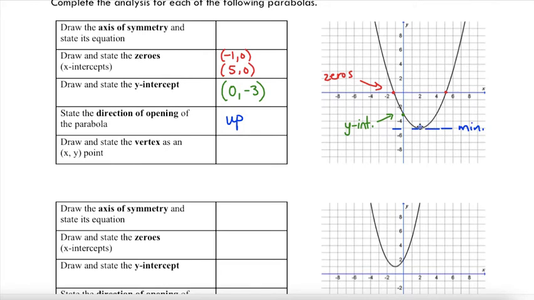My vertex is right here, at the point 2, -5. And the last thing that I need to do is to draw my axis of symmetry. So my axis of symmetry goes straight through the vertex. This is a vertical line that has the equation x equals 2, because that's where it crosses the x-axis.